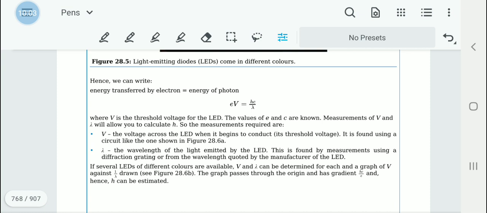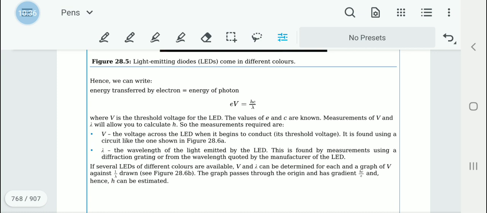So we can write that the energy transferred by the electron is equal to the energy of the photon. We have equations for these: eV is the energy transferred by the electron, equal to the energy of the photon, hc upon lambda. V is the threshold voltage of any LED. Then e and c are known. Measurements of V and lambda will allow us to calculate h.